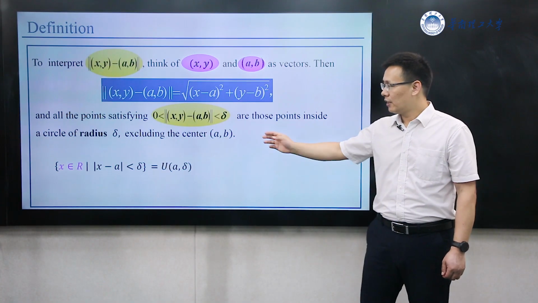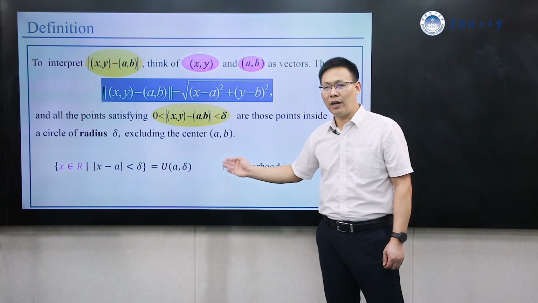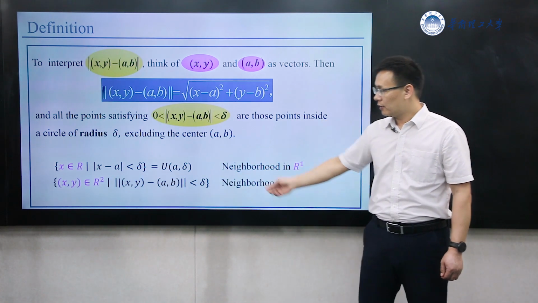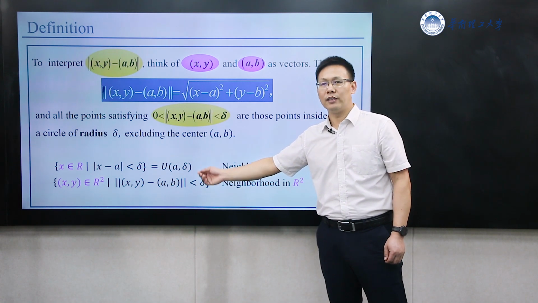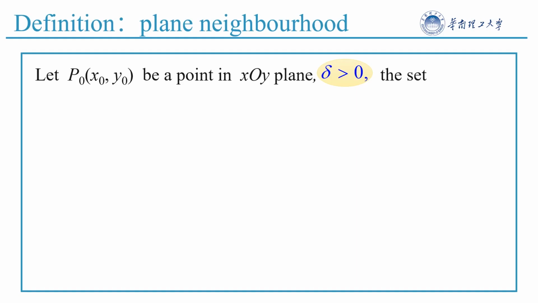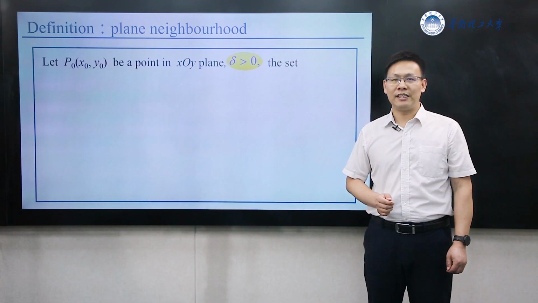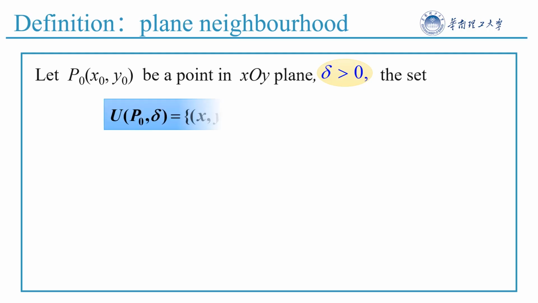Recall that this set means the neighborhood in R1. Similarly, the next set is called the neighborhood in R2. Now we give the definition of plane neighborhood. Let P0 be a point in R2 and delta be a given positive number.